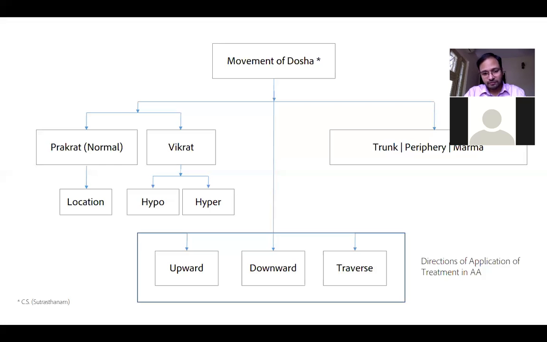So here you see there's an upward movement, there's a downward movement, and there's a transverse movement. And in transverse, there is also spiral movement, which we see when we do treatment in the human body according to the principles of Ayurvedic acupressure. So all these three directions are well documented in Ayurveda and well implemented in Ayurvedic acupressure.